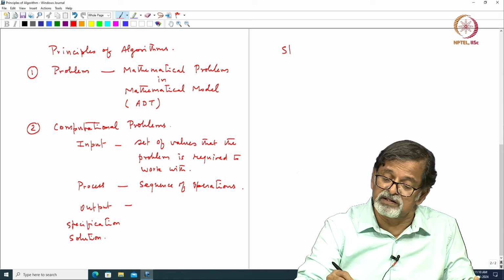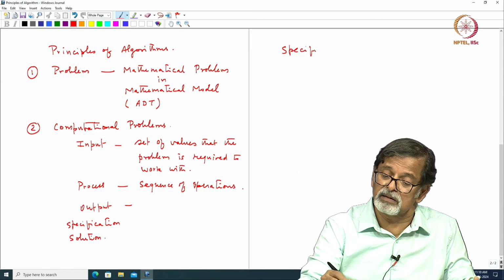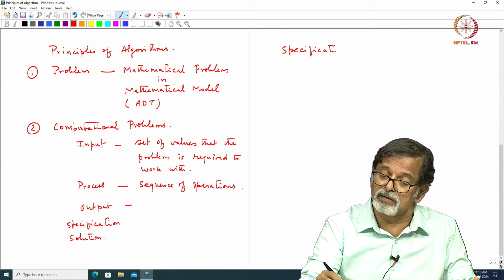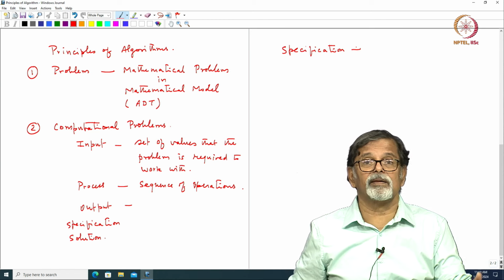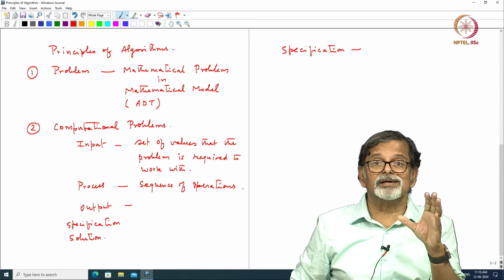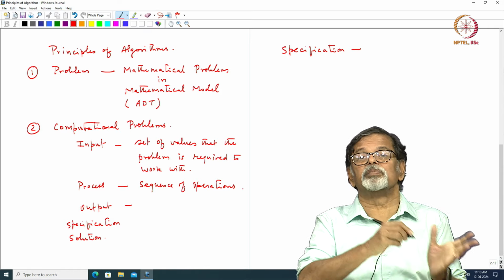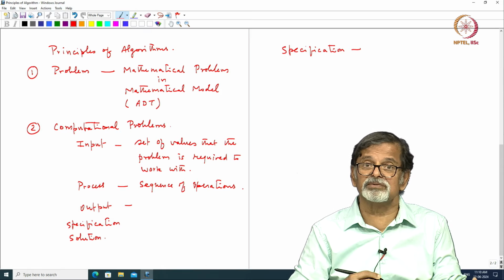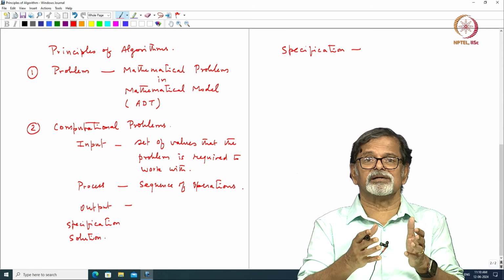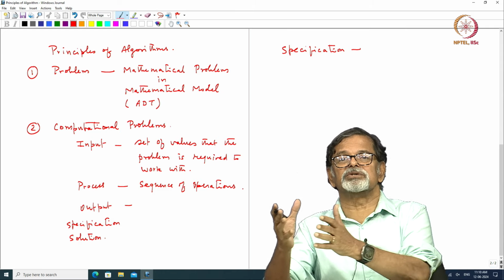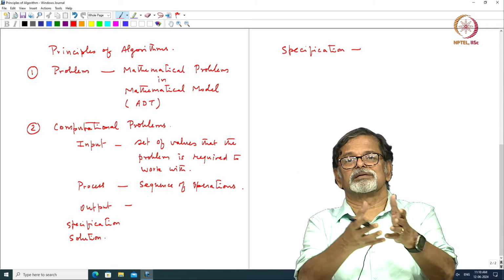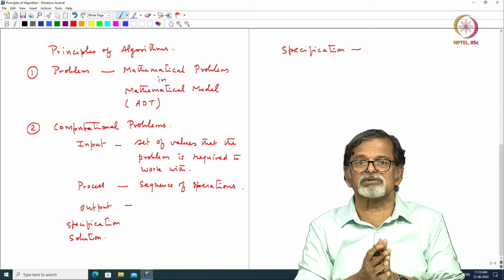By specification, we mean the relation between input and output values. You have to specify what kind of values you should obtain for the given set of values.